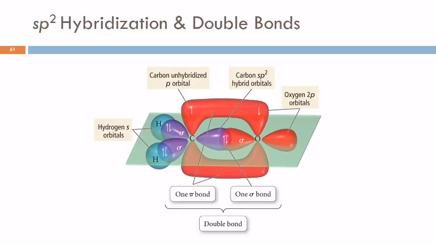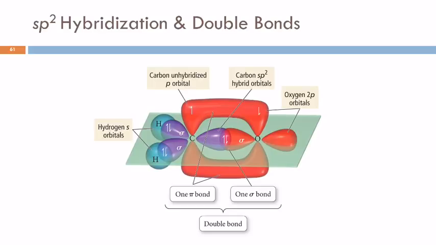So when you have end-to-end overlap, that's called a sigma bond. I think of sigma as being symmetrical, and the sigma letter itself is a circle with a little tail on it. If you look from carbon to oxygen along this bond, it would look like a circle, right?